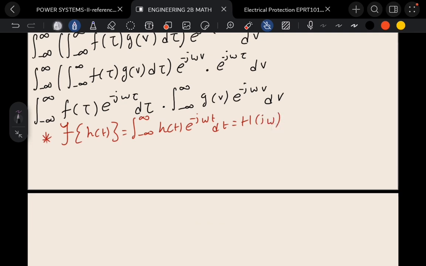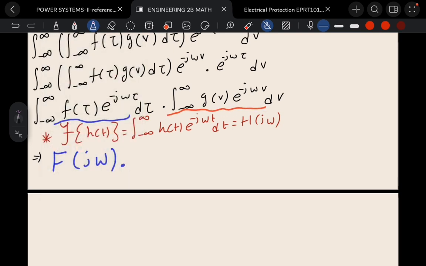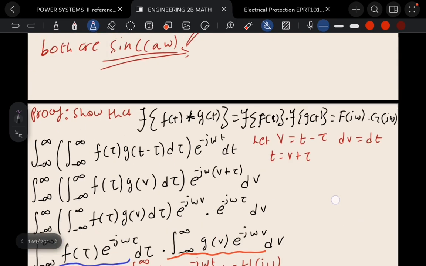So this part here is f of j omega, times this part here, it is g of j omega. So this is the proof of the convolution product.